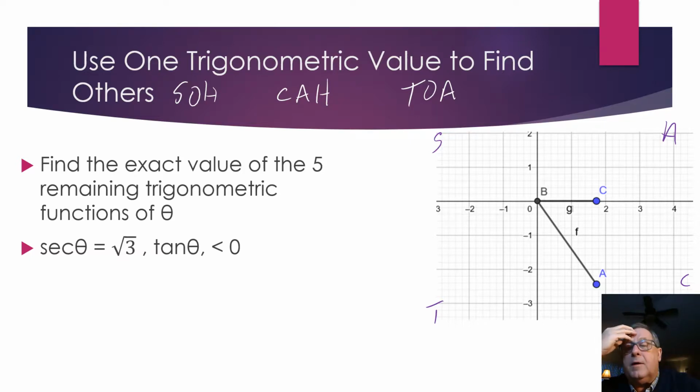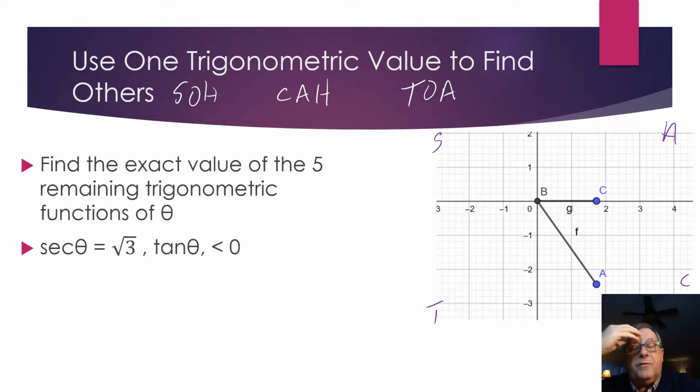Fourth or second, I got to be, because if it's in the first quadrant, everything's positive. So, because this is telling me the tangent is going to be negative. And in the third quadrant, the tangent is positive, so it can't be there. So I must be somewhere in the second and the fourth quadrant.